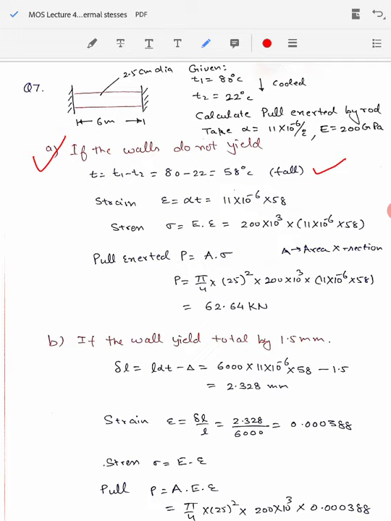The corresponding strain will be the deformation divided by the original length, so L alpha T divided by L, which is nothing but alpha T. You substitute the value of alpha and change in temperature T and can calculate the strain. Using that we can find the corresponding stress value if we multiply the strain with the modulus of elasticity, which in this case is 200 into 10 to the power 3 in Newton per millimeter square.